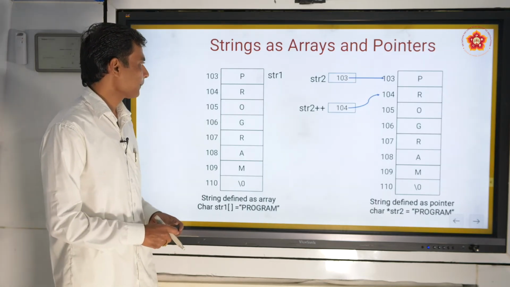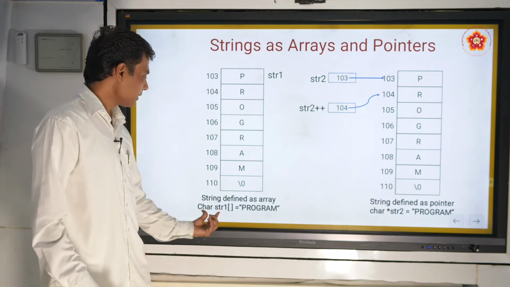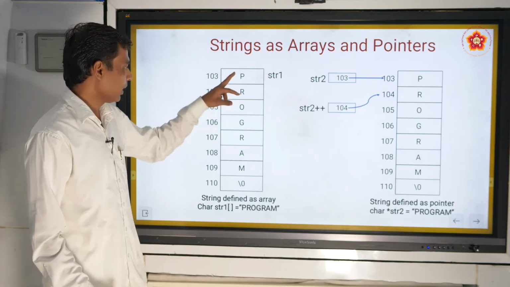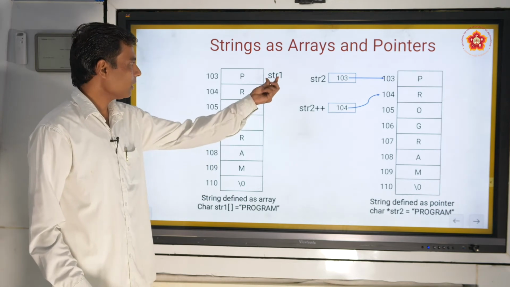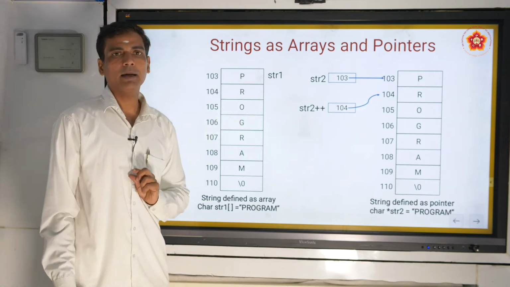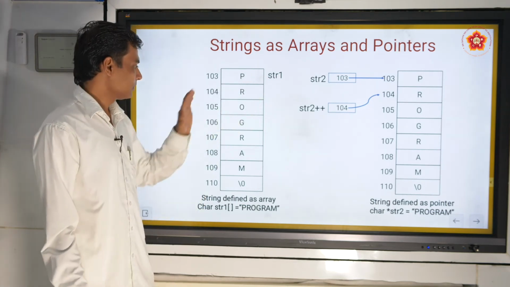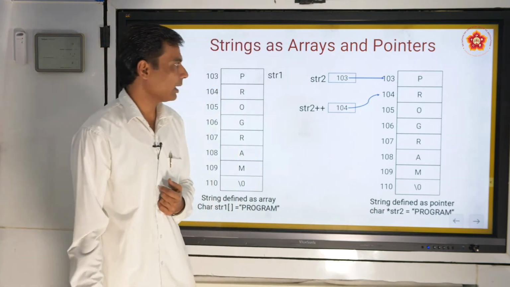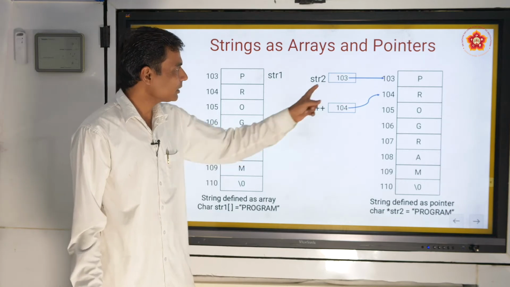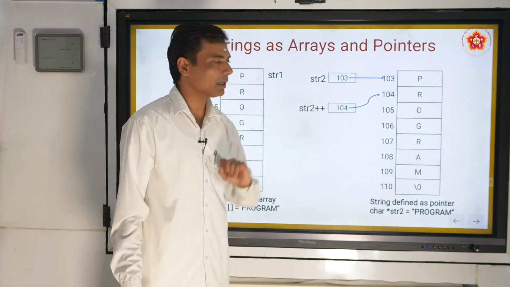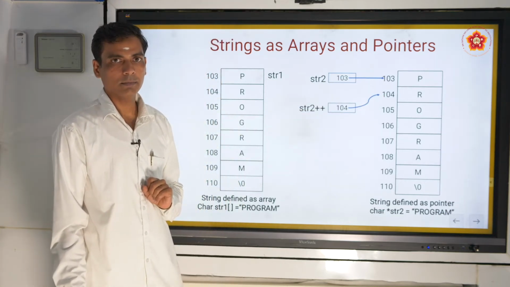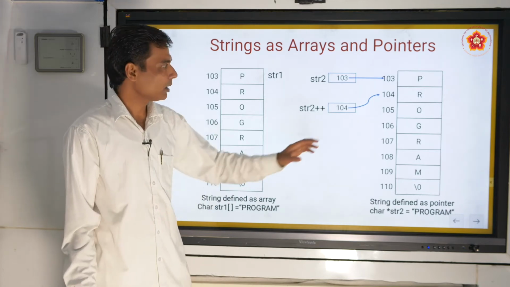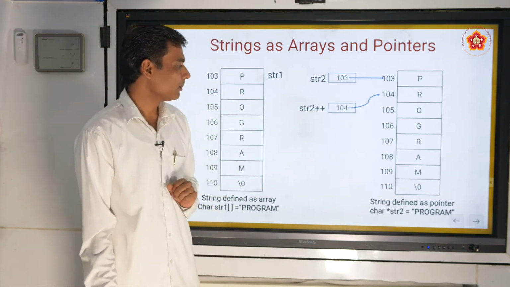What happens here? This is our character array str1. So str1 always holds the address of first character. And this is our character pointer str2. So initially it is pointing to the base address 103. 103 is the base address of string constant program.